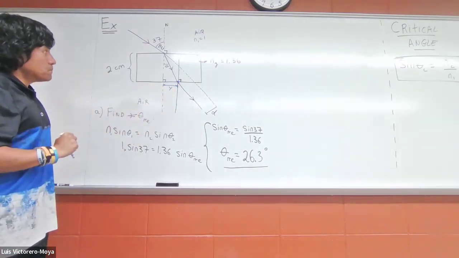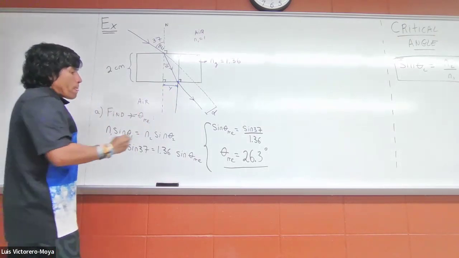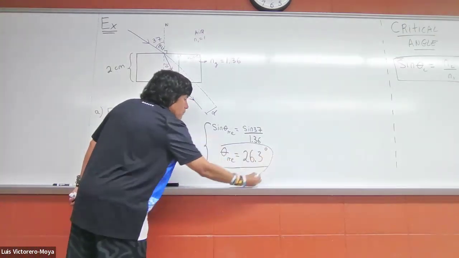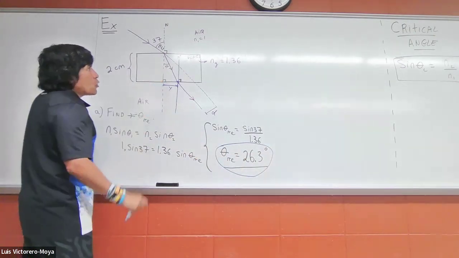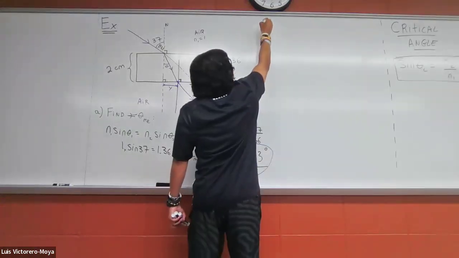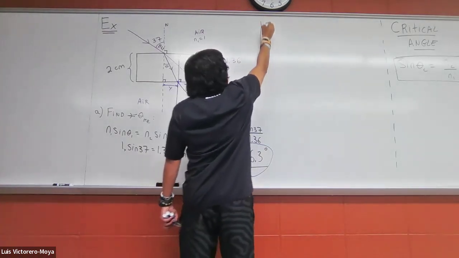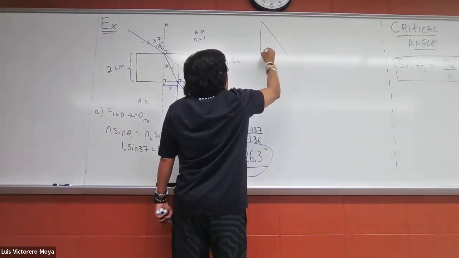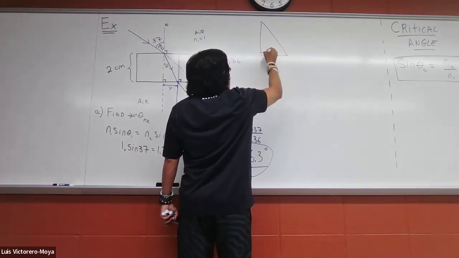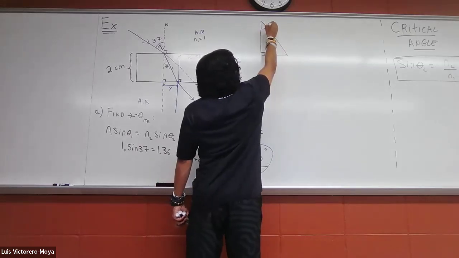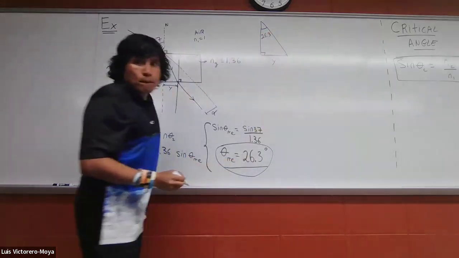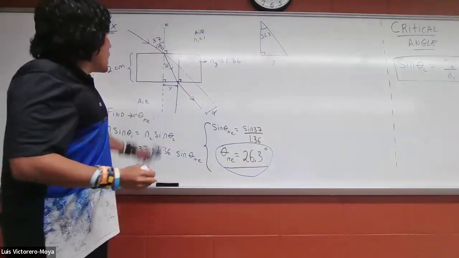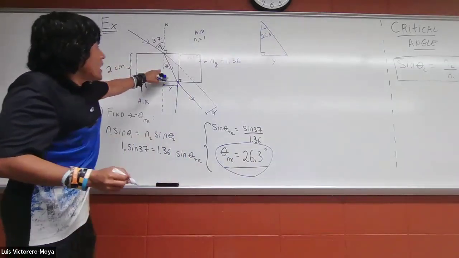You're going to need it. So you have this angle, right? That's the angle there. So you can redraw this triangle inside like this, where this is 90, this is y, and this is 26.3, right?